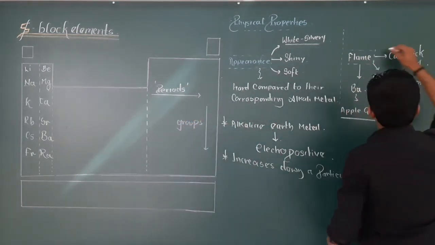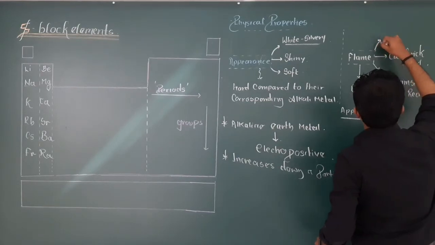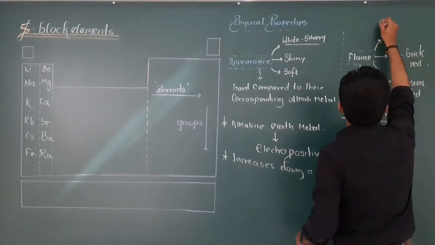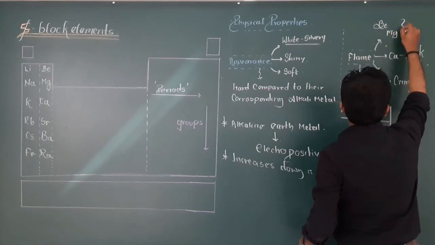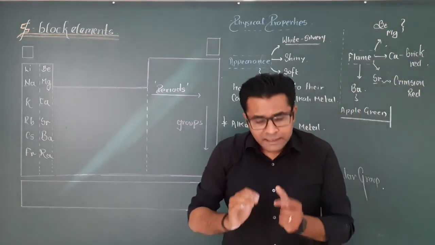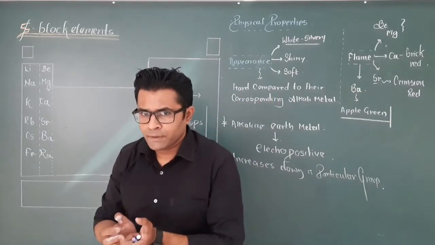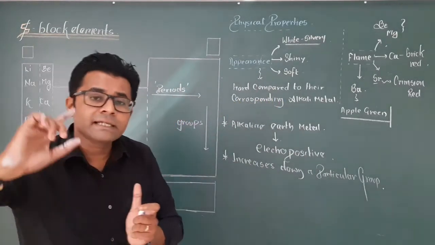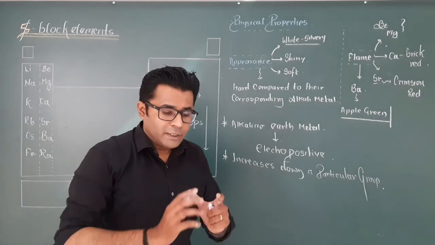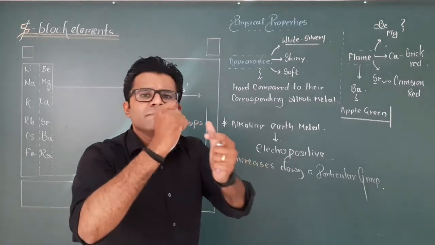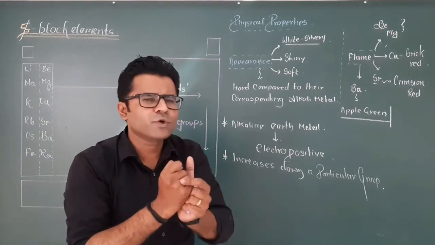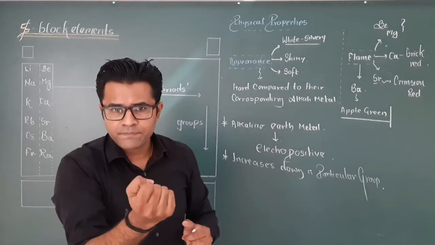Now, in the case of beryllium and magnesium, the atomic size is already small, because of which there is an increased nuclear charge. Due to the increased nuclear charge, the electrons are held much more strongly to the central nucleus.